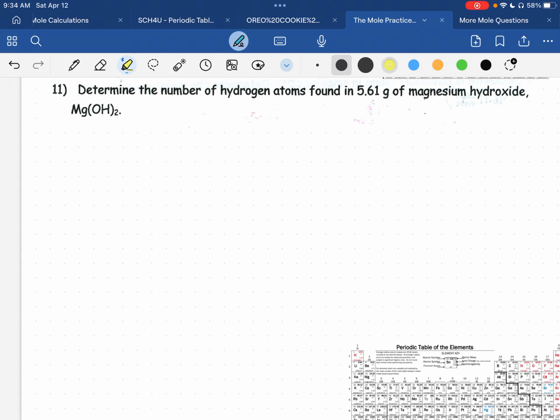We are determining the number of hydrogen atoms found in 5.61 grams of magnesium hydroxide, and it gives us the chemical formula. So let's write that out. Our given is the mass of magnesium hydroxide, and that equals 5.61 grams Mg(OH)2.